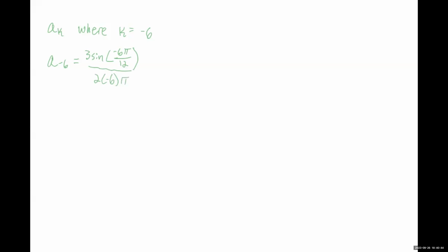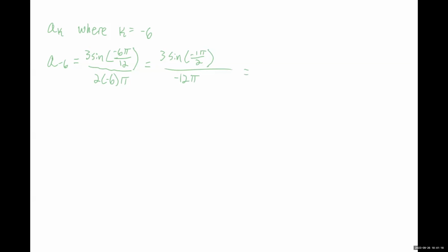All right, so now we can simplify this down to 3 sine of -pi over 2, divided by -12 pi, which is then going to simplify down to sine of -pi over 2 is equal to 1.